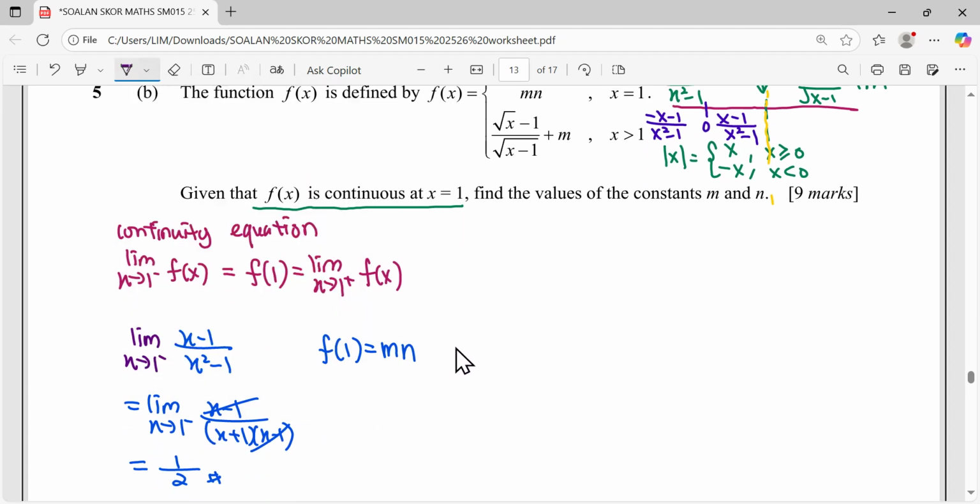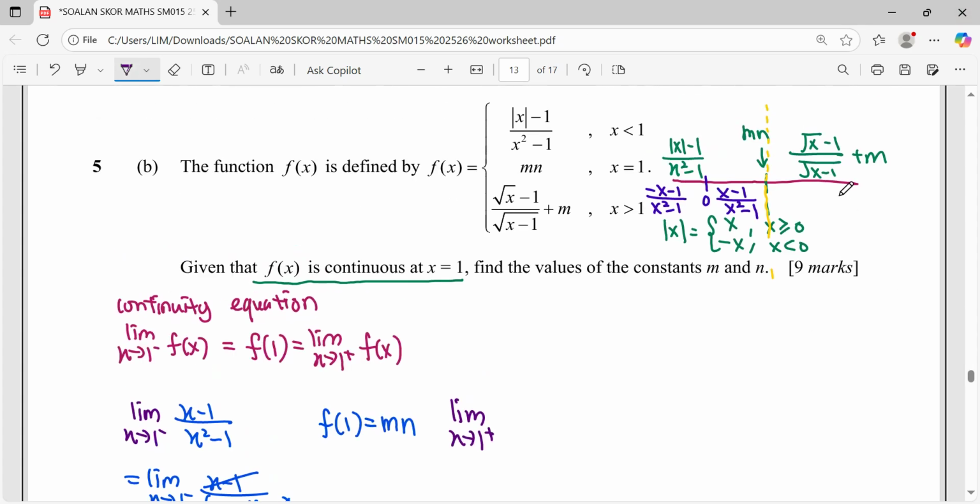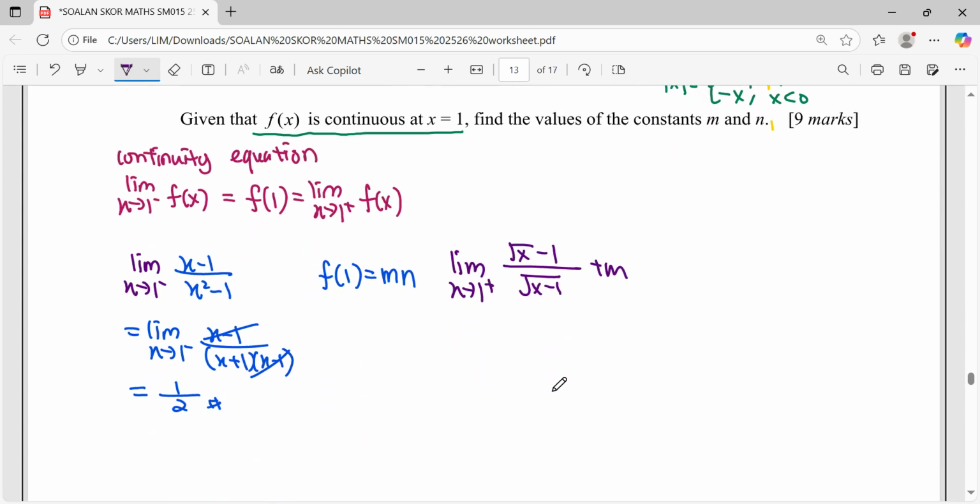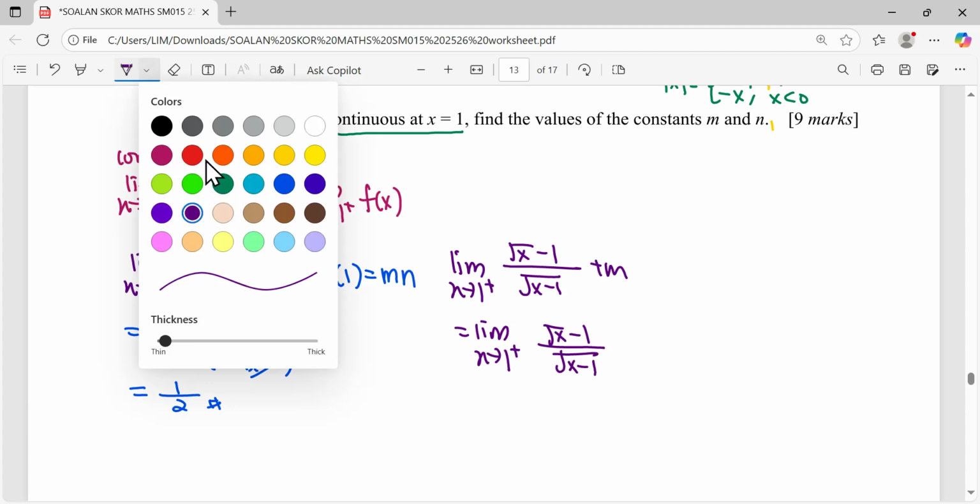And then what is the limit as x approaches 1 from the right hand side, which is square root of x minus 1 over square root of x minus 1 plus m? I'll try to find it first. To simplify this, this is 0 over 0, so we multiply with its conjugate to simplify this square root function.